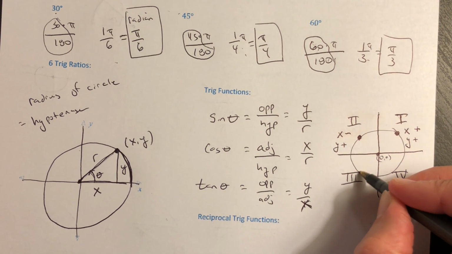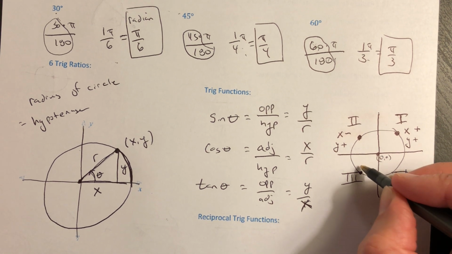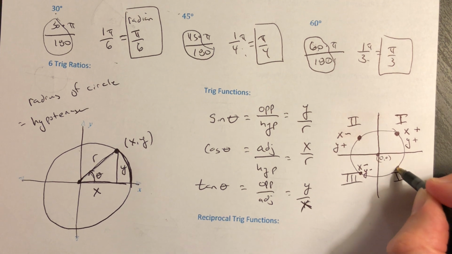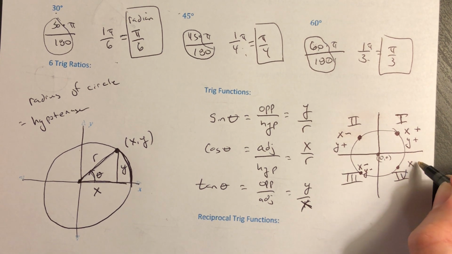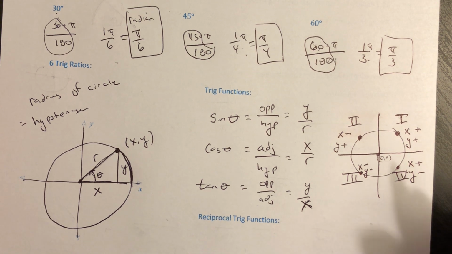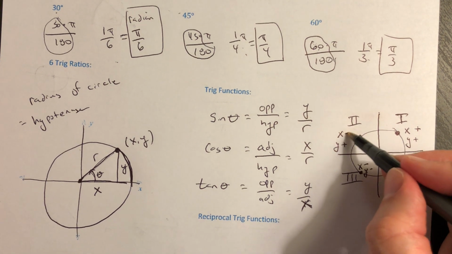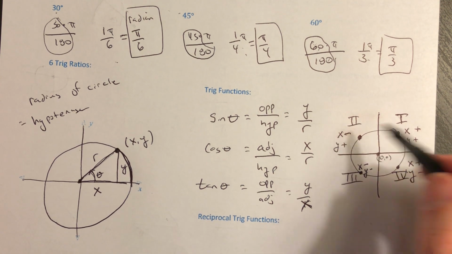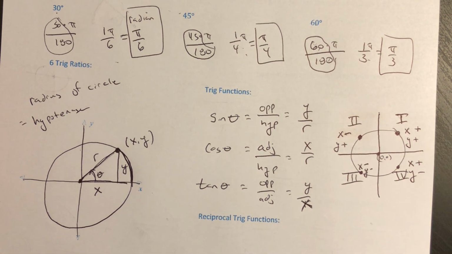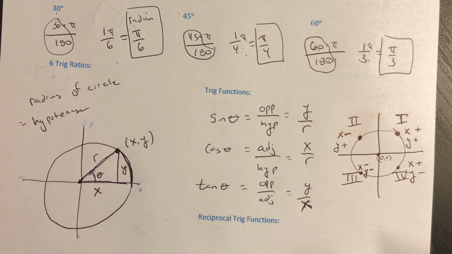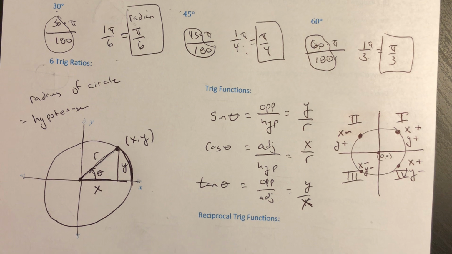Down here in quadrant 3, our x's will always be negative and our y's will always be negative. And then in quadrant 4, our x's turn positive again because we're on this side of the y-axis, and our y's become negative. It's important to know, because a lot of us were missing homework questions depending on where I'm at, my x's might be negative or my y's might be negative. All right, so now moving on, we're going to talk about our reciprocal trig functions.